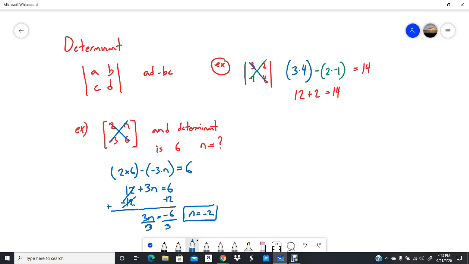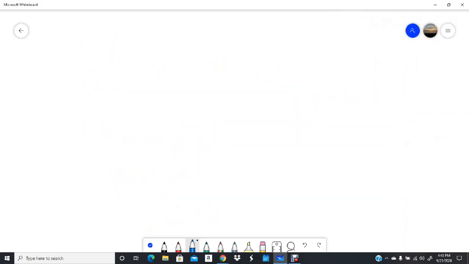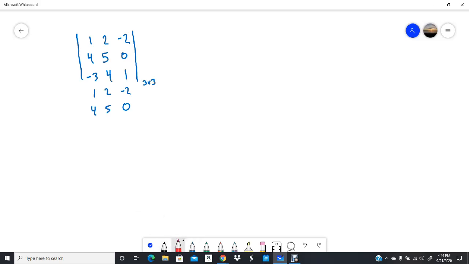Let's take a look at another example with a 3 by 3 matrix. A 3 by 3 matrix, the determinant is calculated differently. To calculate a 3 by 3 matrix determinant, what we do is we extend by copying down the top rows twice, and we take the diagonals like this, we multiply them and add them together.